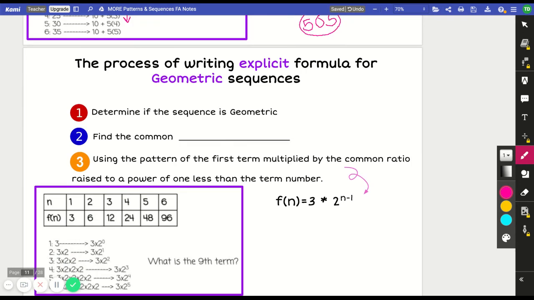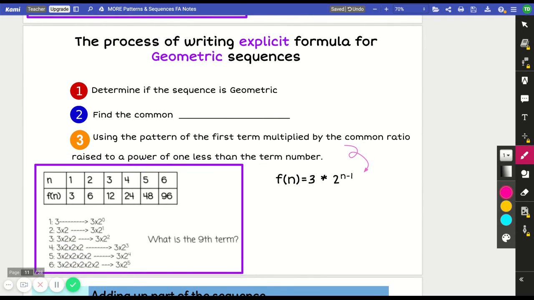Now let's see how do we find the explicit formula when we have a geometric sequence. We determine that it's geometric. We find the common ratio. And then we use the pattern of the first term multiplied by the common ratio raised to the power of 1 less than the term number, n.